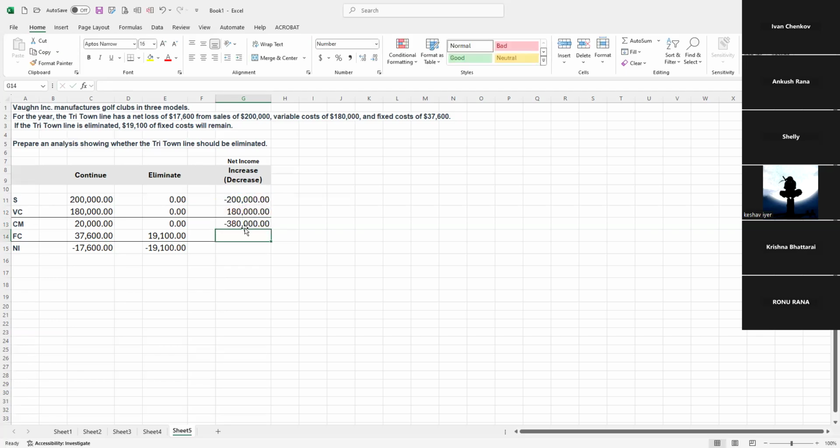But on the contribution margin, where am I going to be? Oh, I'm losing my contribution. So that will be different, that will be plus here. I'm losing $20,000 on the contribution margin. Can you see it? Yes.